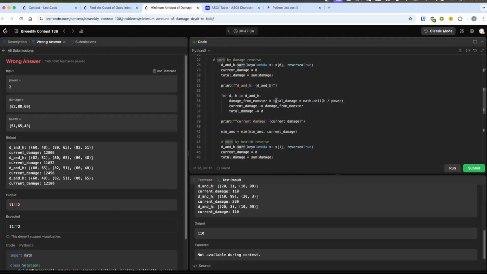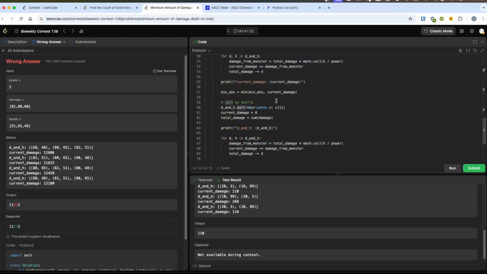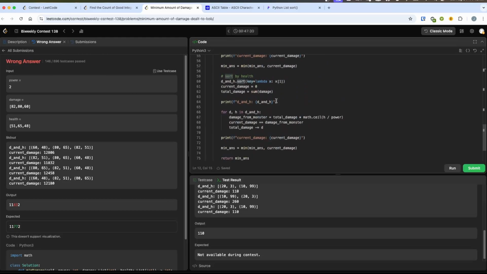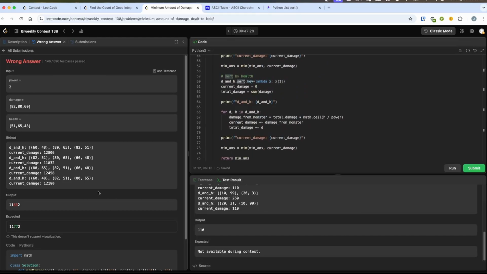Clearly, one of these is not quite optimal. Right, so we'll go.